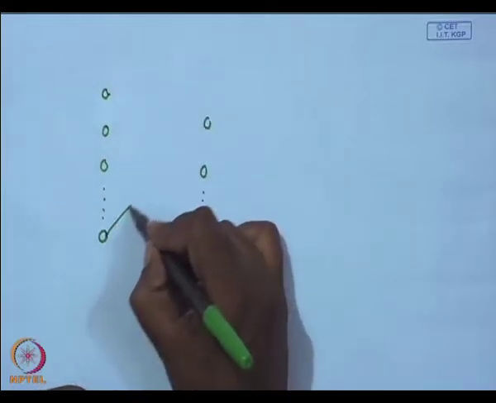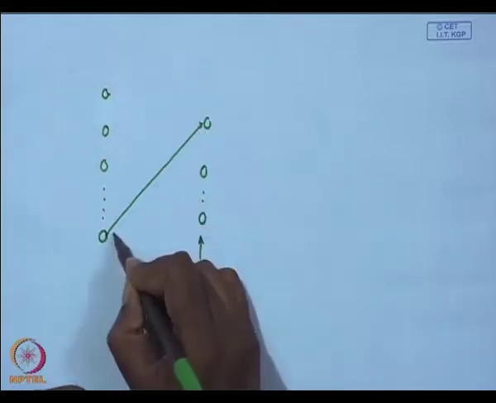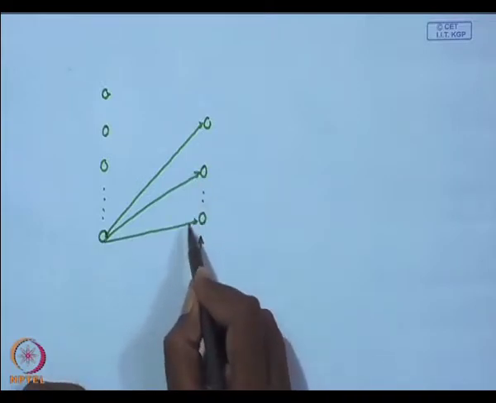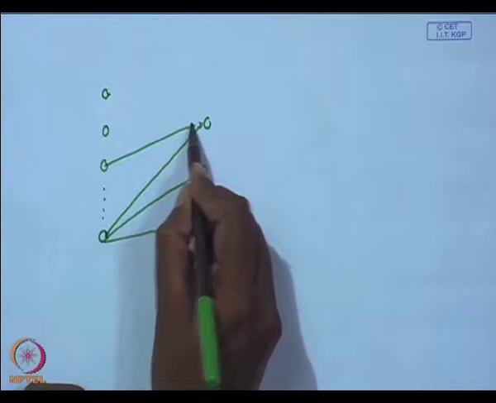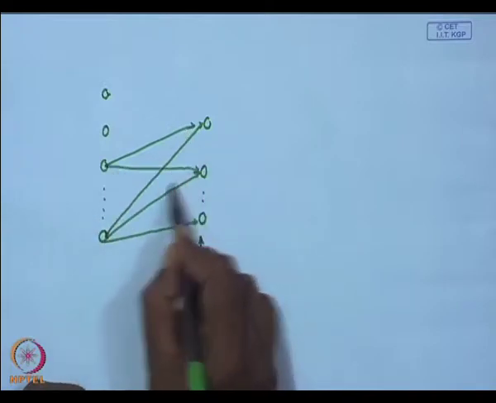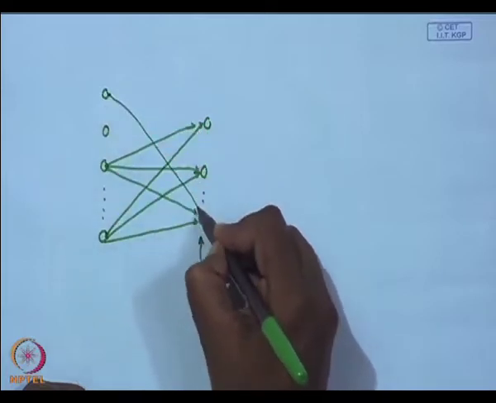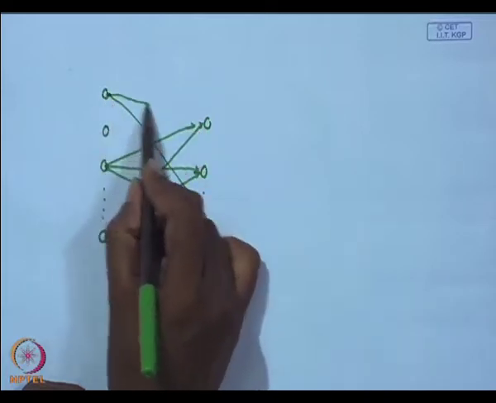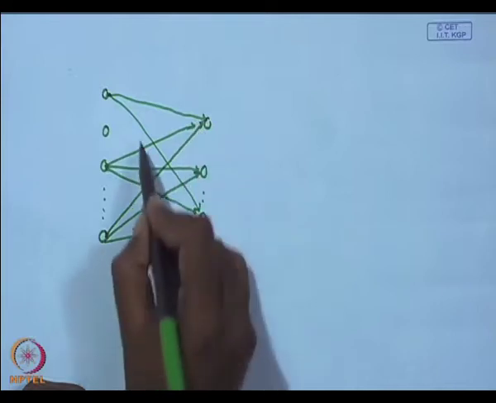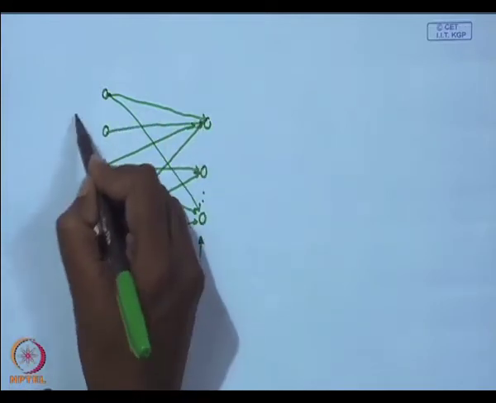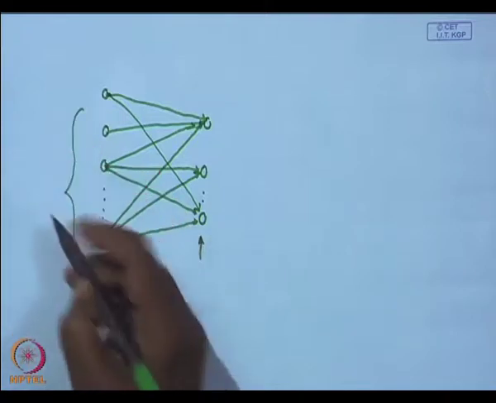From each input layer node, we had a connection to every output layer node. So, it was something like this and so on. The feature vector is fed to the input layer nodes.